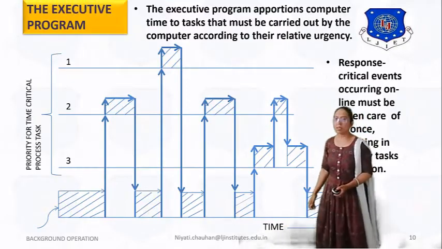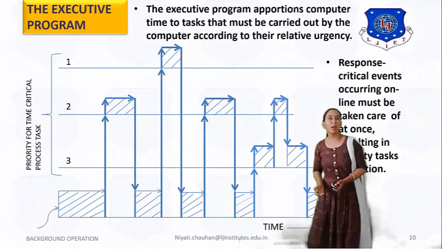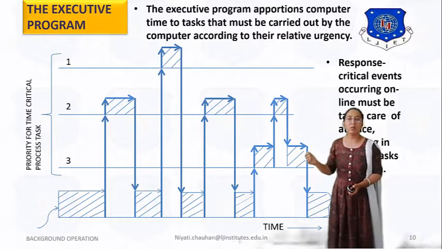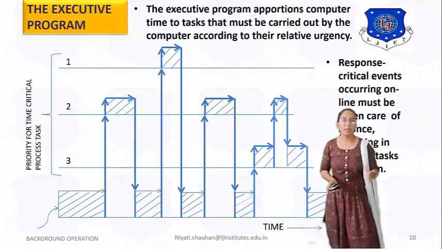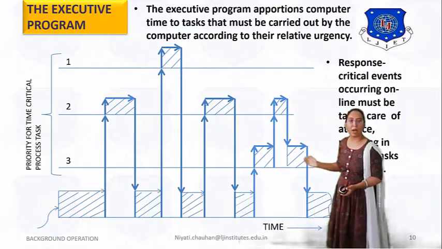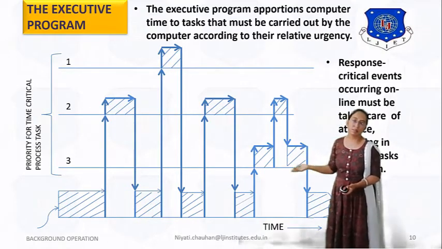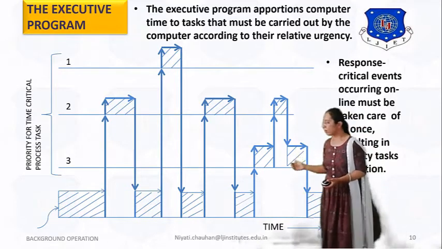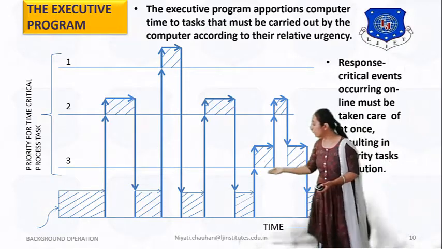The next is the executive program. How is a program executed? The executive program apportions computer time to tasks that must be carried out by the computer according to their relative urgency. So our program executes after whatever delay we have added.